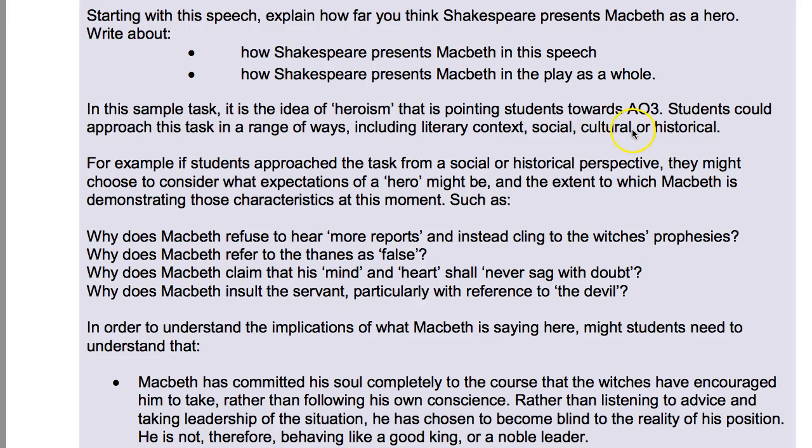So the cultural might be to look at the attitudes towards witchcraft, and so might the historical. And also what was viewed as typically heroic at the time.